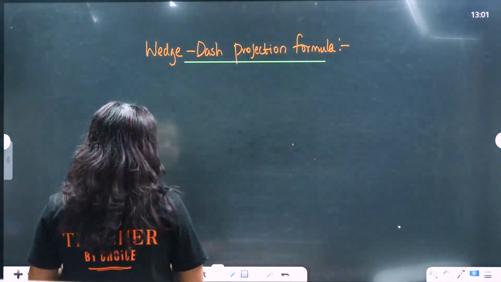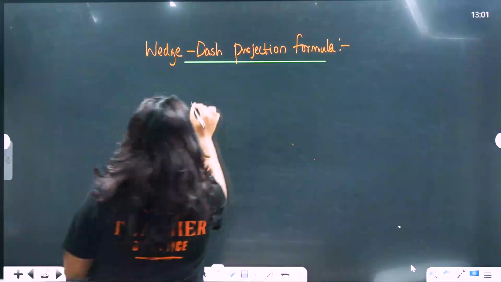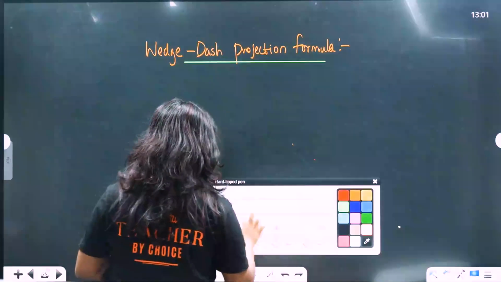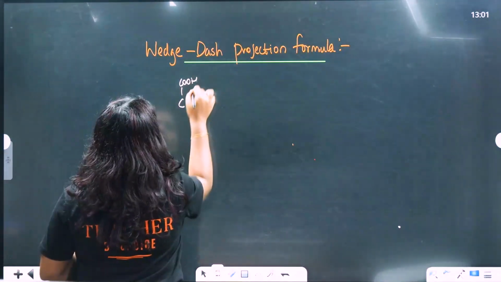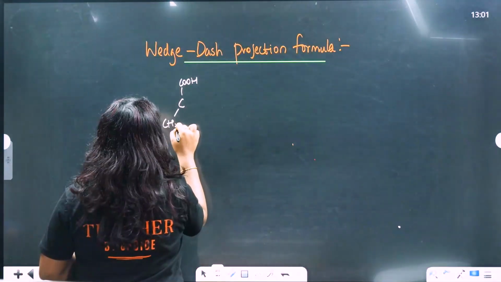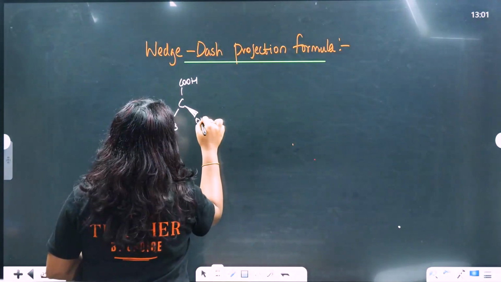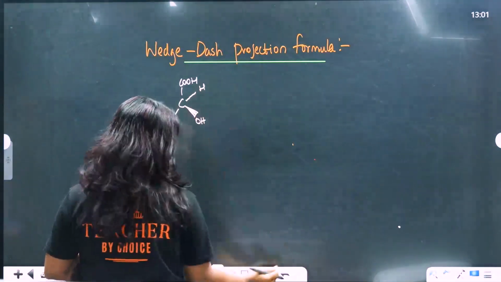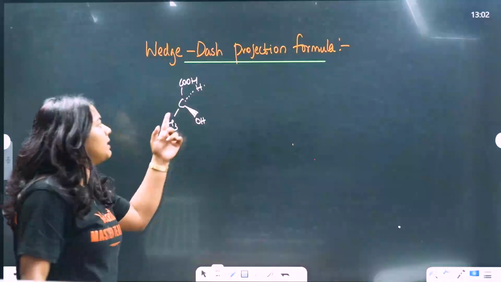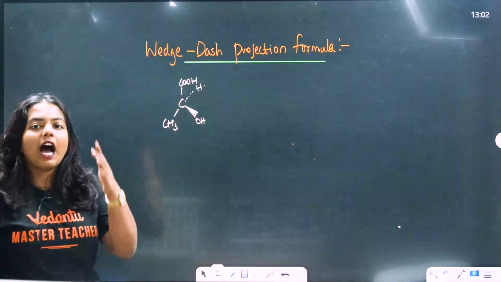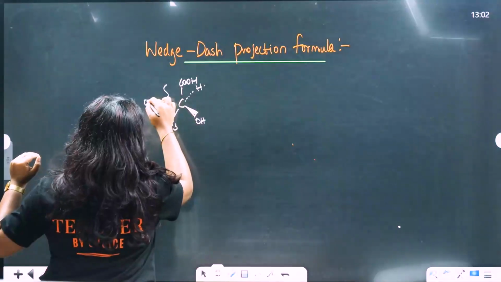Okay, now you have a compound, for example carbon with COOH, CH3, OH and H. Always remember, when these are straight lines, that straight line is actually on the plane.